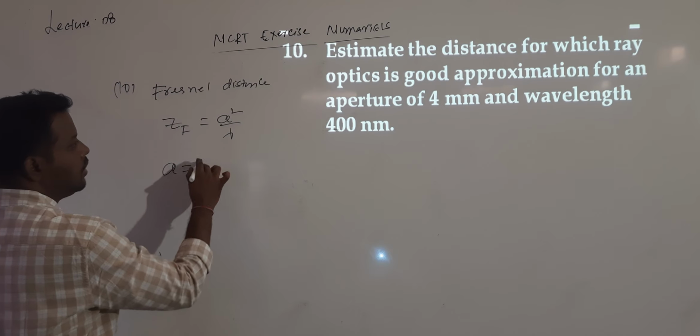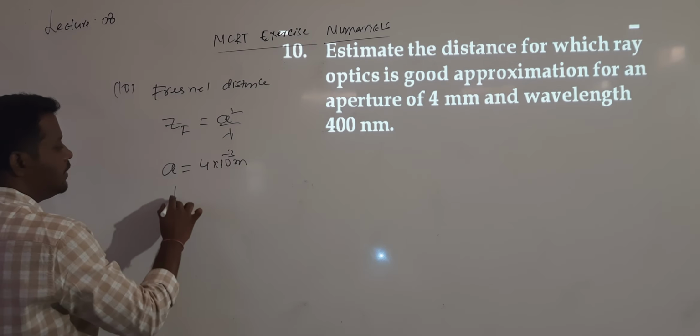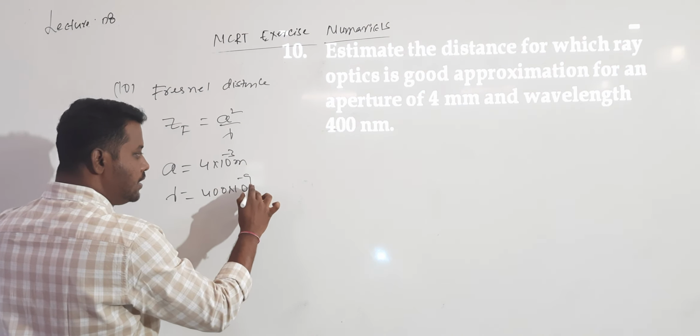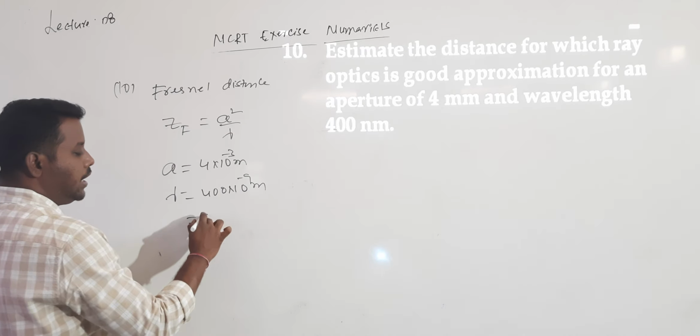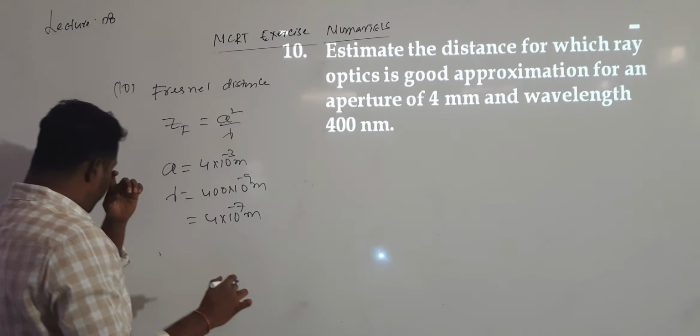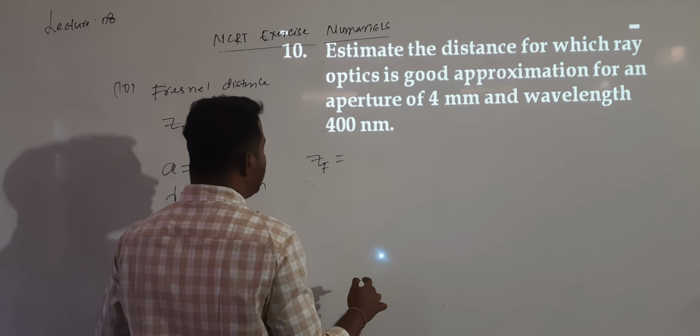In this given question, A value is given as 4 mm, 4 into 10 power minus 3 meters, lambda value 400 into 10 power minus 9 meters, which is 4 into 10 power minus 7 meters. Now what will I get as the answer for ZF? ZF value is equal to A square by lambda.